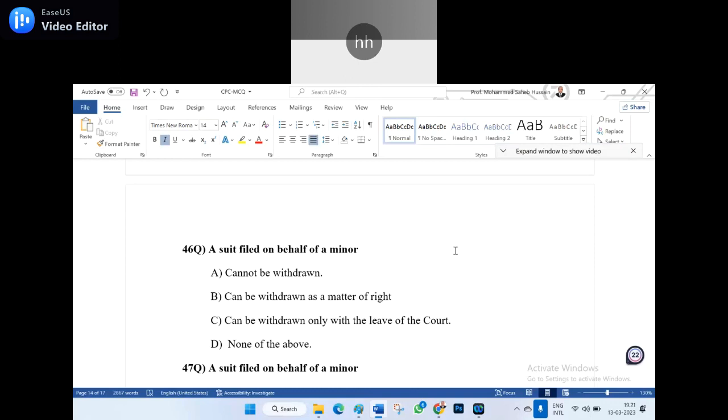Do you know what is meant by a three-piece suit? Give me the answer. Don't know, sir. A three-piece suit means number 1, trouser or pant.